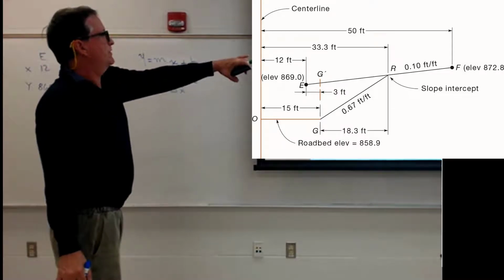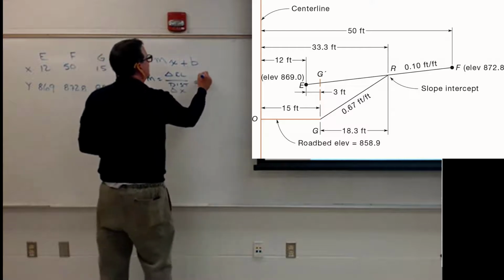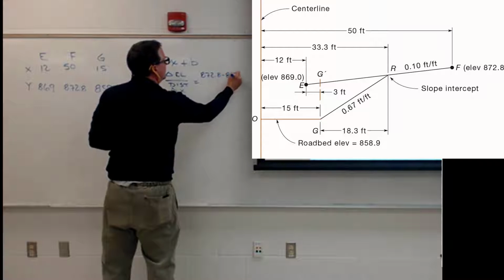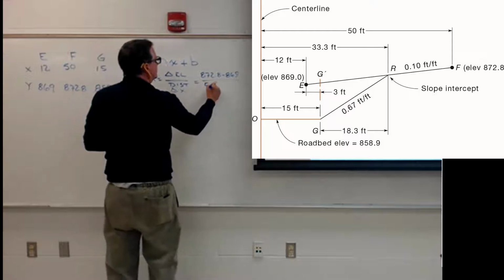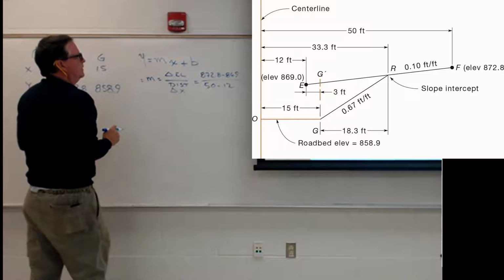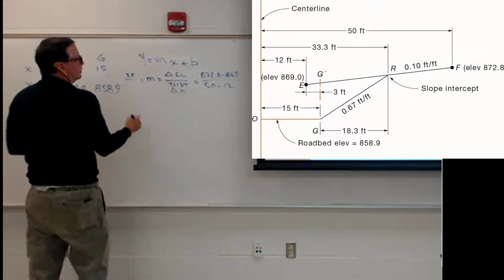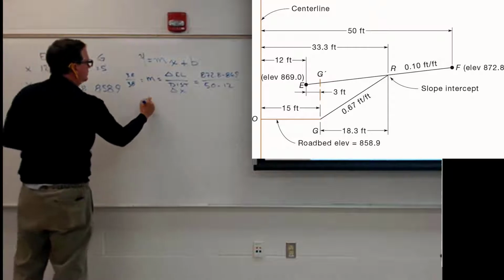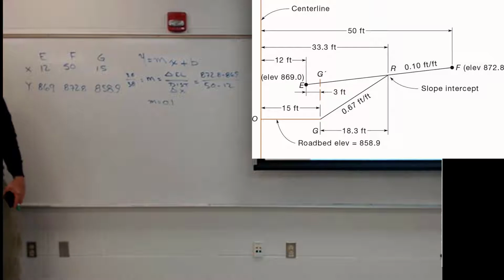So for E and F, I've got 872.8 and 869, and 50 minus 12. That's 3.8 over 38. Okay. M equals 0.1. Everybody good with that?